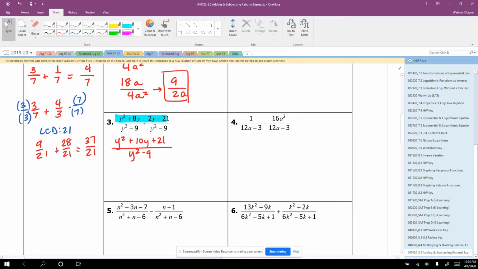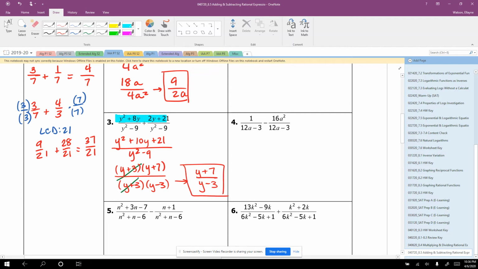So the top is going to factor to y plus 3 times y plus 7. The denominator is going to factor as a difference of squares, so it's going to be y plus 3 times y minus 3. And now we see our common factors. So we cancel those out, we simplify, we're left with a final answer of y plus 7 divided by y minus 3.